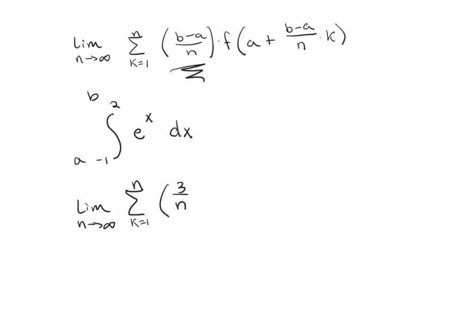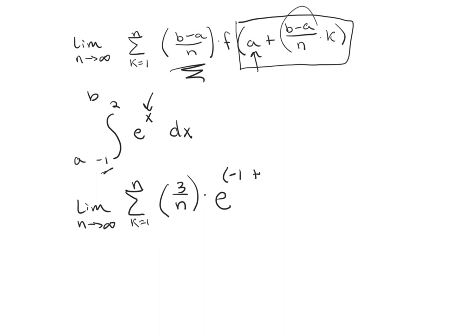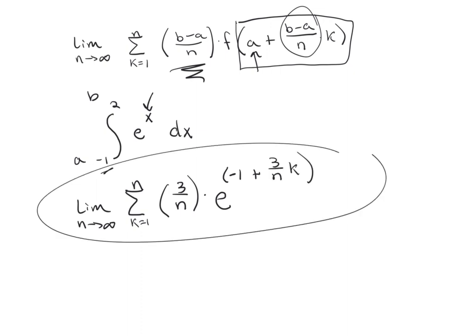So 3 over n. And then I have to plug all of this into this function. So times e to the power of, and the exponent is where we plug all this in. So a is our starting, -1, plus this is the 3 over n times k. And that is it.